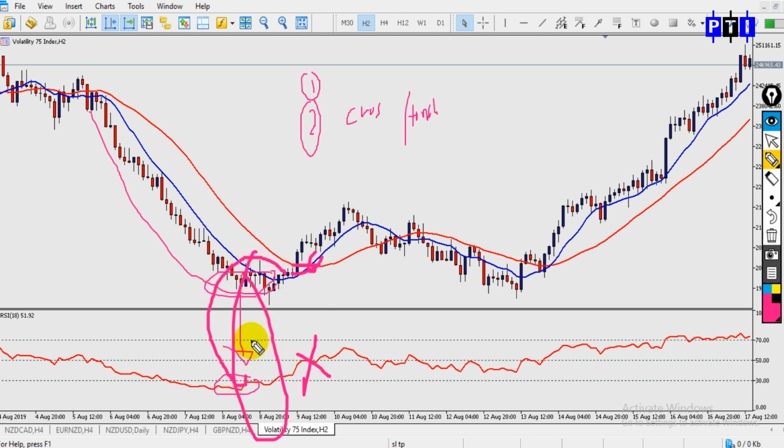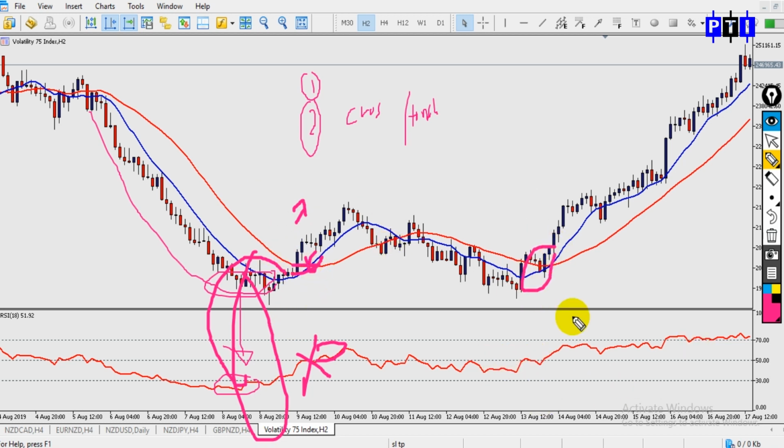After it has bent, you no longer focus on it. Now you'll be waiting for your cross or the touching of the moving average. Immediately when the moving average touches, you take your trade. You take your long trade when the blue moving average crosses to the upper side.